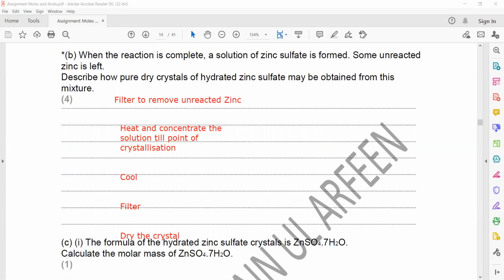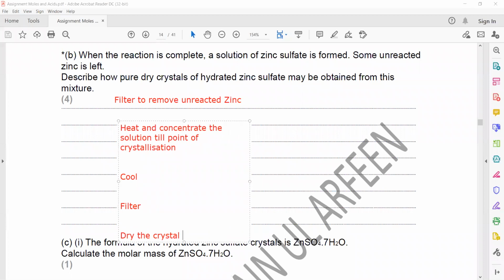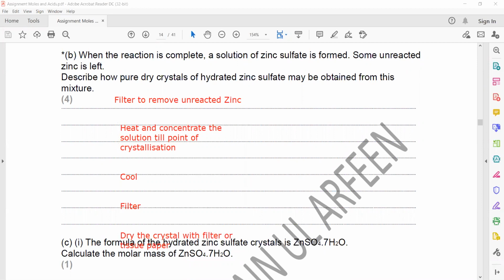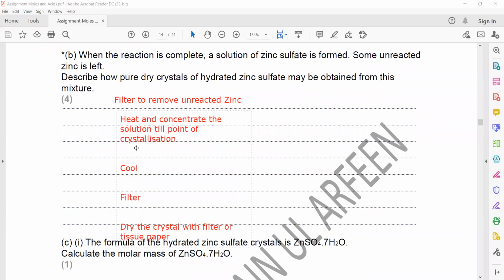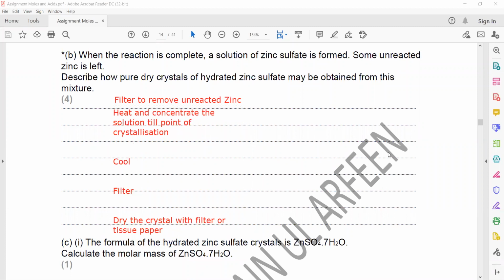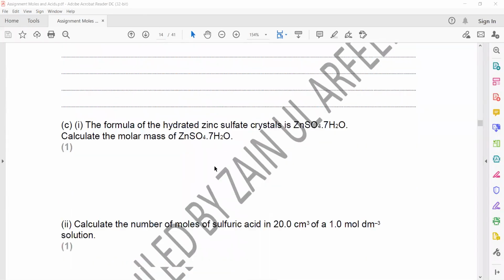To dry the crystals, we can use a filter paper or we can use a tissue paper as well. These are the steps we will follow to obtain the hydrated crystals of zinc sulfate from the mixture.